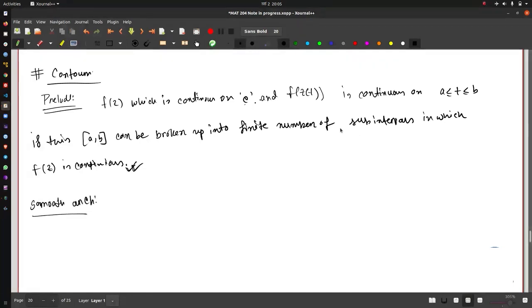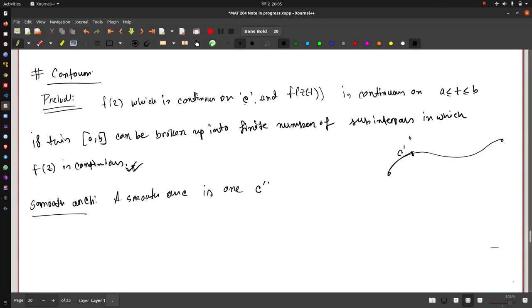Note that here we have used this piecewise thing. It will be important when we give the definition of contours. And smooth, what is a smooth arc? A smooth arc is just one, let's say C prime. That means, let's say you have this curve over here, and let's say this is your C prime.